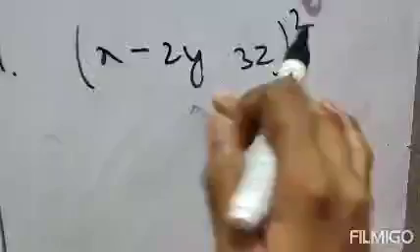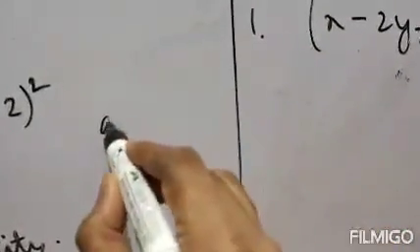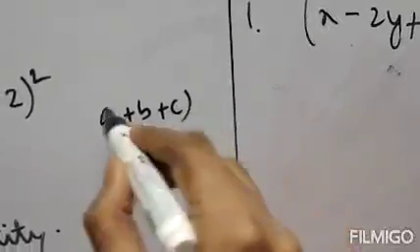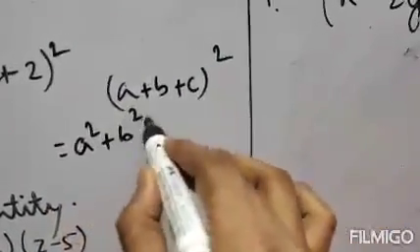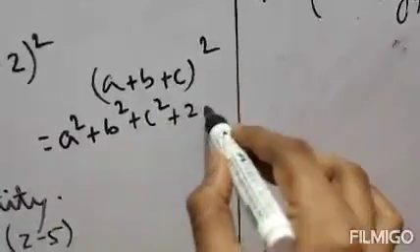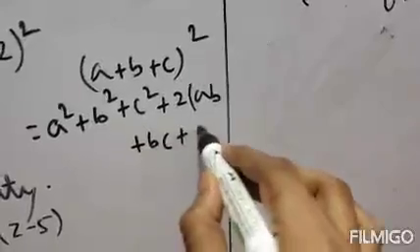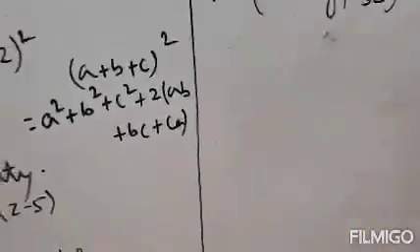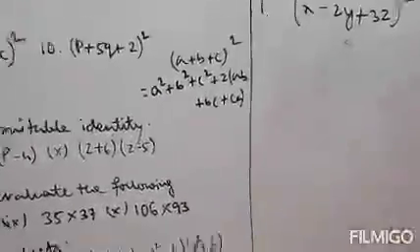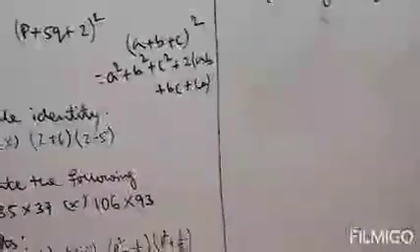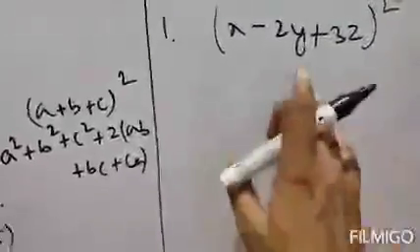Now the formula was (a plus b plus c) whole square equals a square plus b square plus c square plus 2 common (ab plus bc plus ca). This was your formula. Clear? So we have to arrange this according to this.